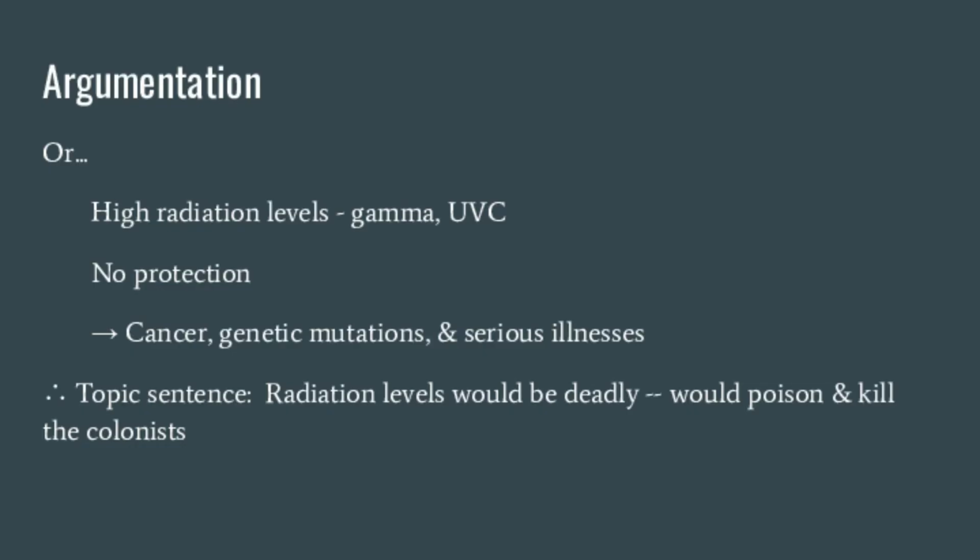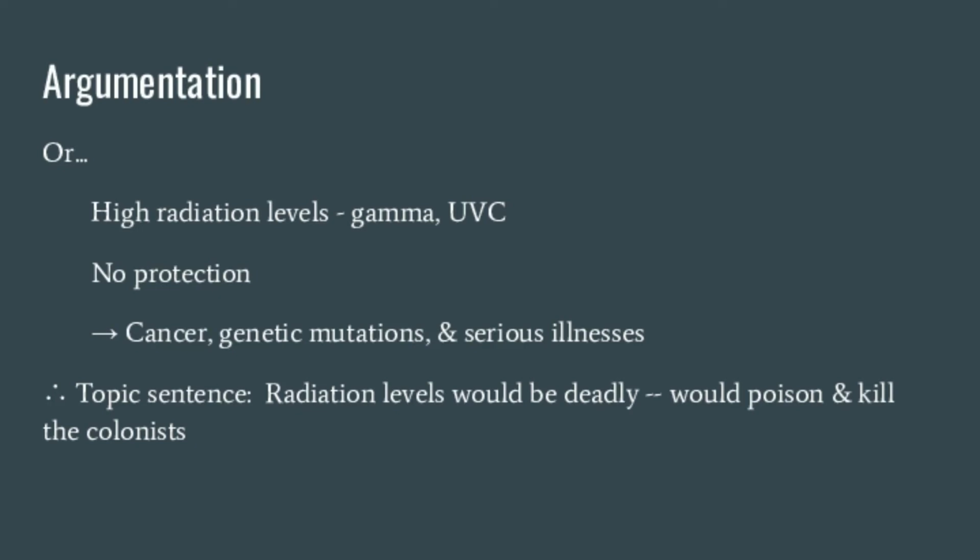So you can structure a paragraph like that, or you can go the other way and just start talking about, because of the lack of a magnetosphere, radiation levels are high, gamma, solar, UVC, etc. There's no potential protection from this, at least long term, and then this would lead to cancer, mutations, other serious problems that would make colonists sick and kill them.